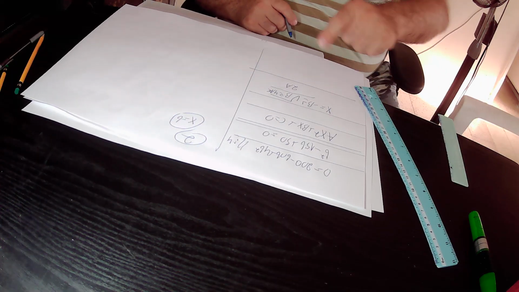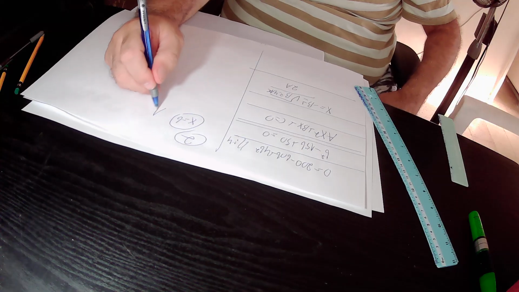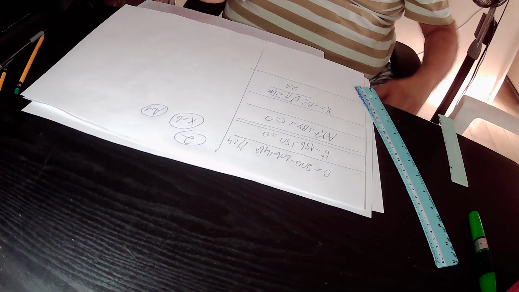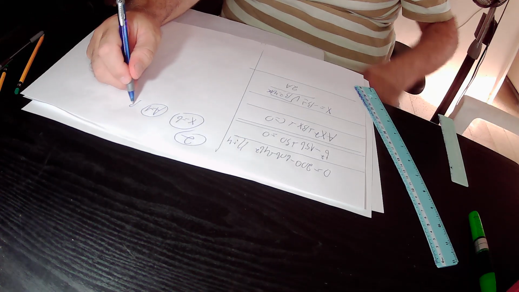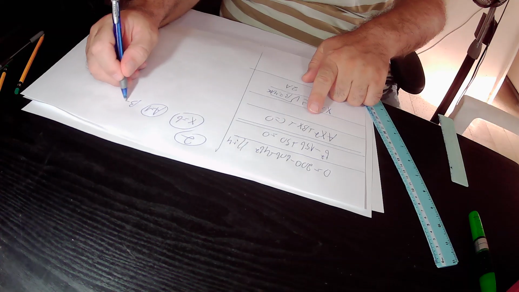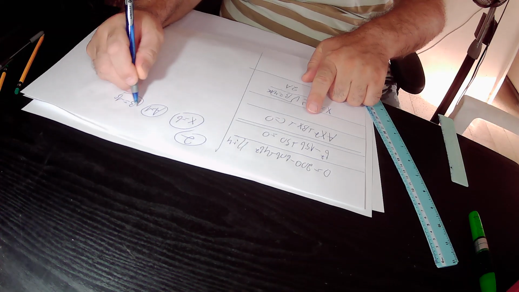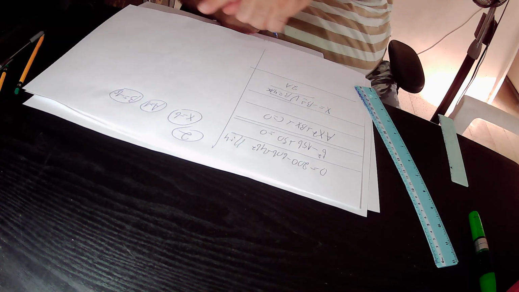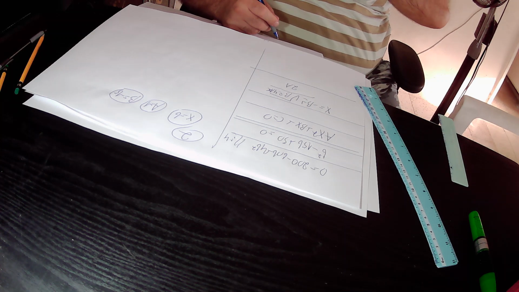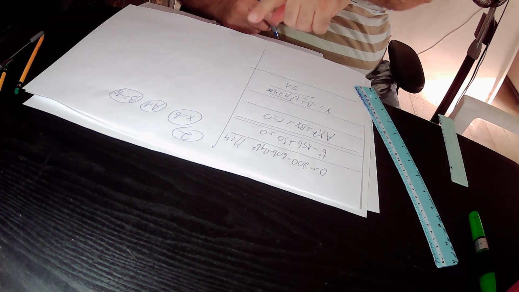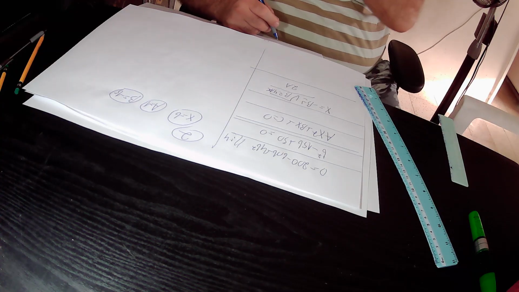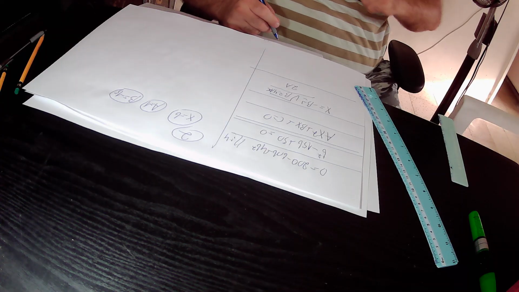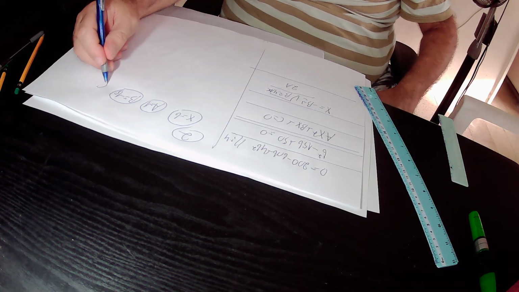The coefficient capital A equals 1, the coefficient capital B equals minus 15, and the coefficient C equals 50.